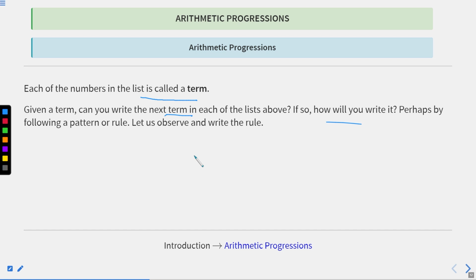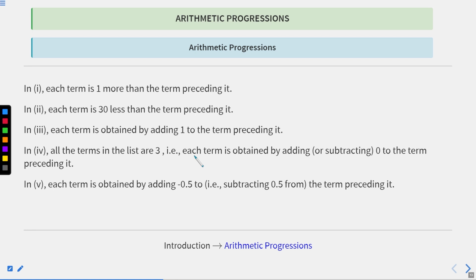In the first one, the pattern is: each term is one more than the term preceding it. That means the succeeding terms are obtained by adding plus 1 to the preceding terms.